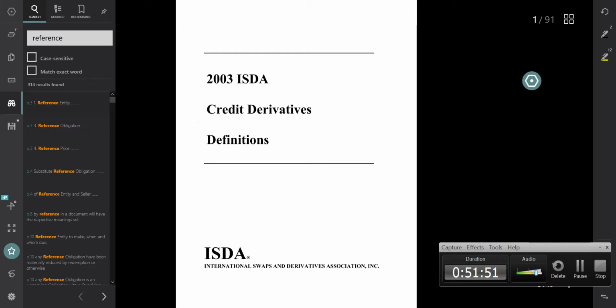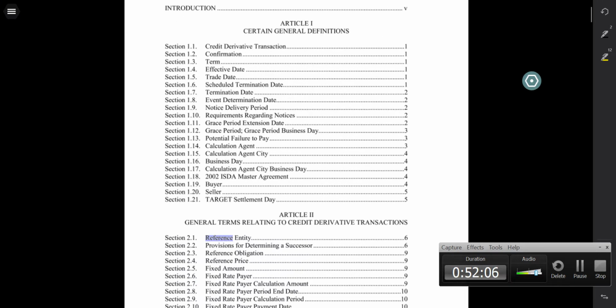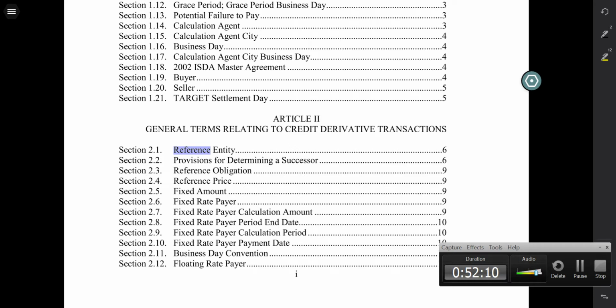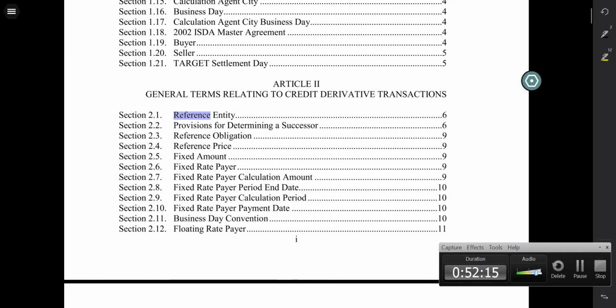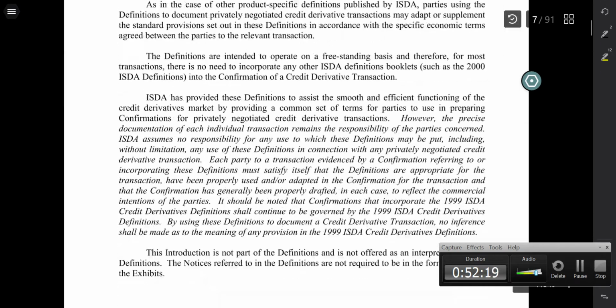Can you see on the left hand side? Reference entity, reference obligation. Okay, I'll switch back. Sorry. So this is the full package. This is the works. Okay. So what is a reference entity? Reference obligation, reference price. All of those things you will find in here.